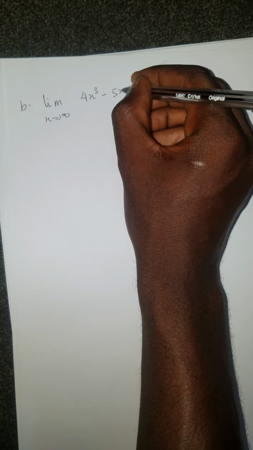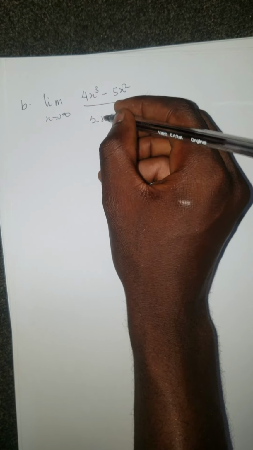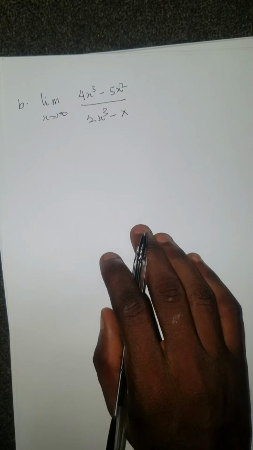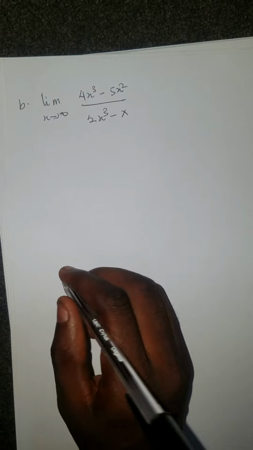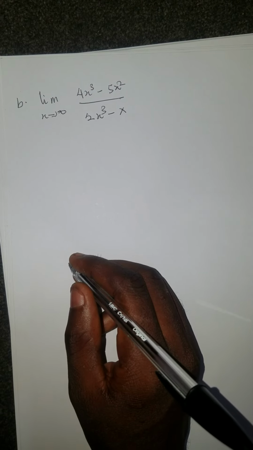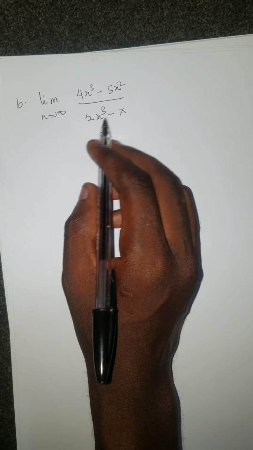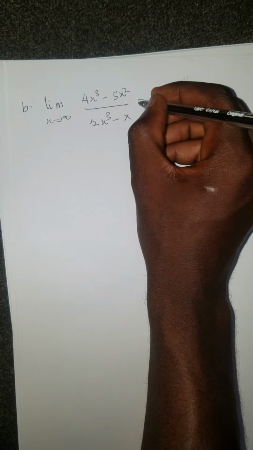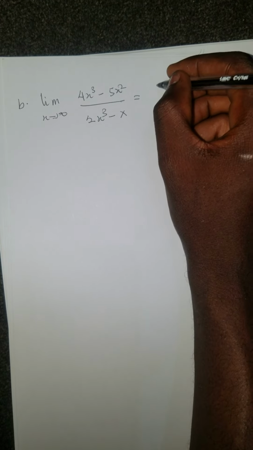4x cube minus 5x squared all over 2x cube minus x. So just like in the first question, the variable with the highest power is x cube.